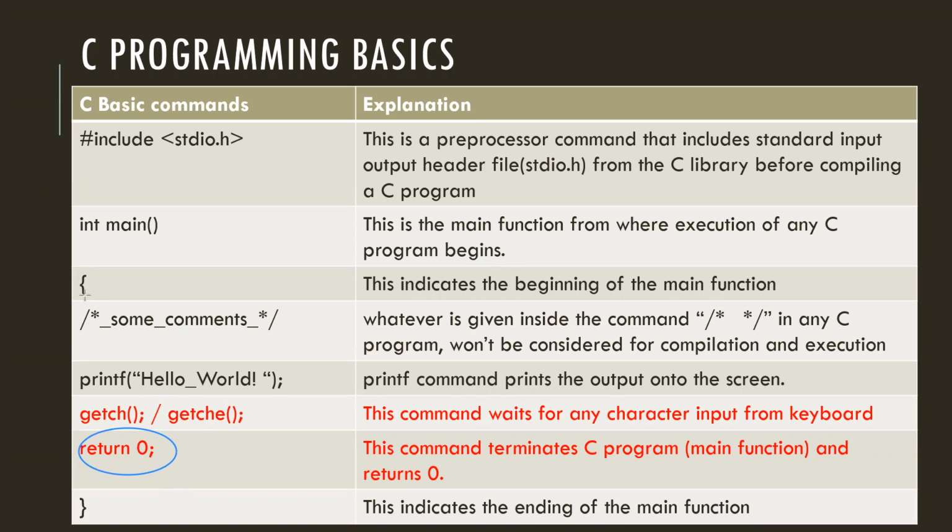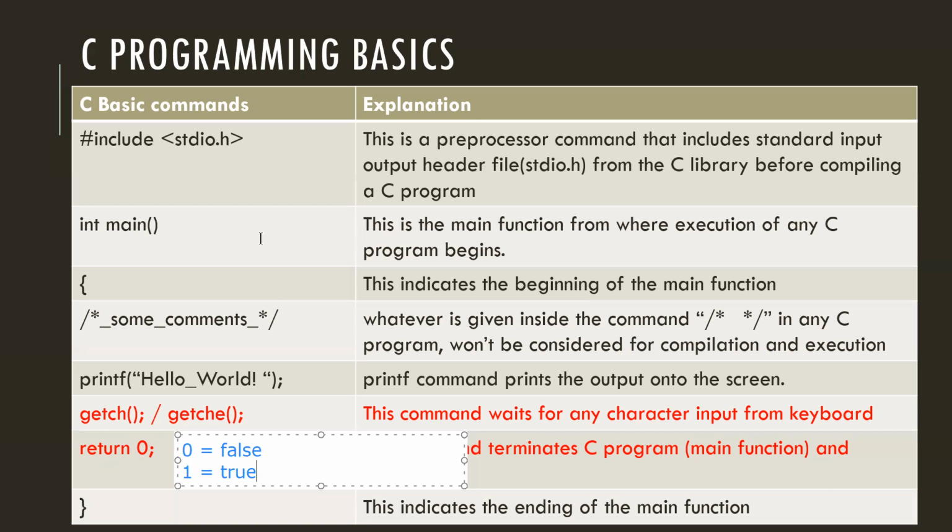So again, you have the opening curly brace. Last is the closing curly brace to show that it is the end of the function. Why return 0? Because you're saying this is already the end of the function. In computer language, you have 0 and 1. 0 means false, 1 means true.